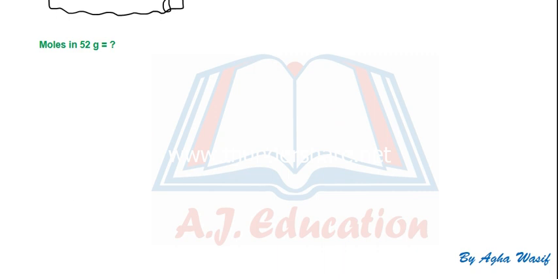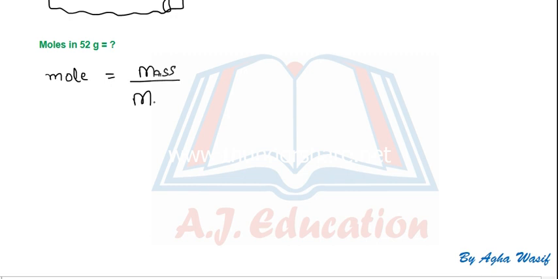So the formula we are going to use is: moles equal to mass of the substance divided by the molar mass of the substance. The mass of the substance we are given over here is 52 grams, and we have already determined the molar mass of aspartame, it is 294 grams per mole.